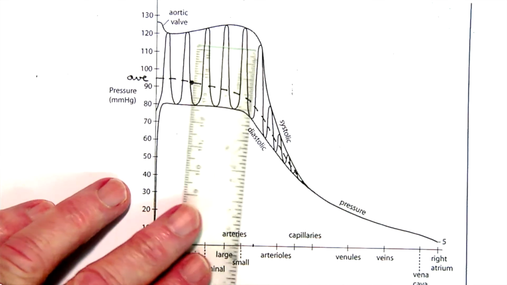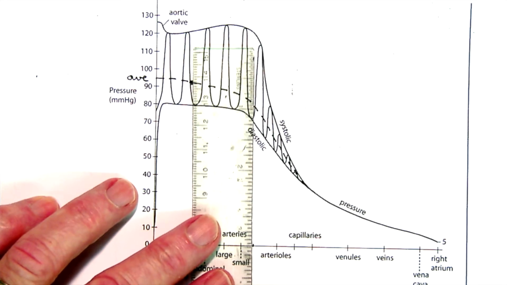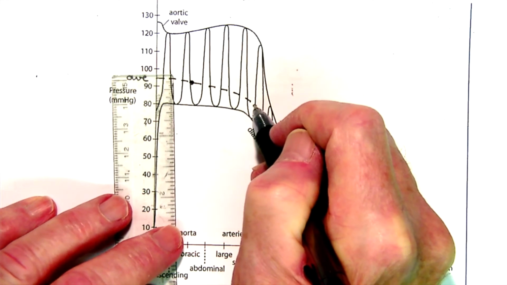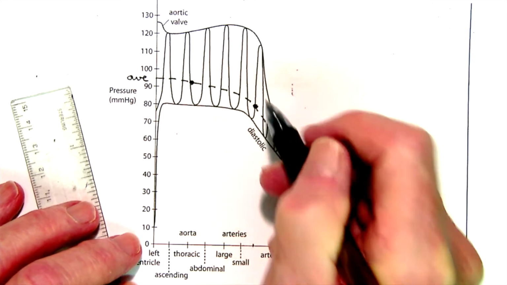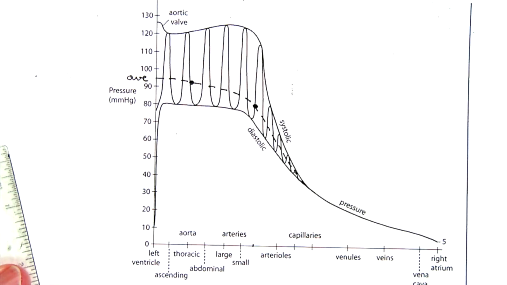So if we put our ruler at that spot to find the pressure on average in the artery region, and we go up, I'm going to say that the pressure in the arteries on average is that dot right there. And you can look off to the left and estimate what the pressure is on average in the arteries. Put those two values in a calculation later for finding the pressure drop from the aorta to the arteries.